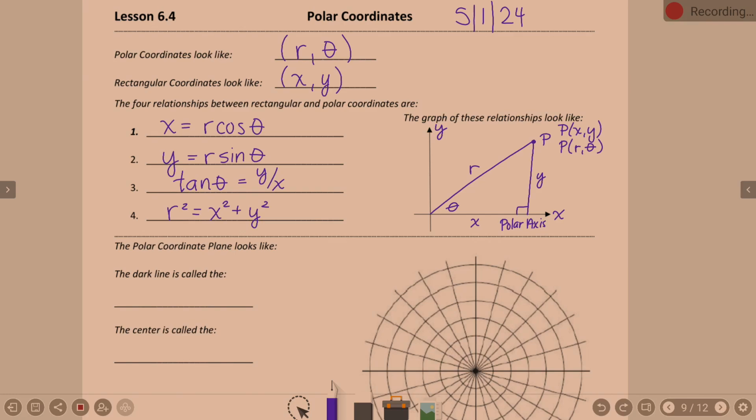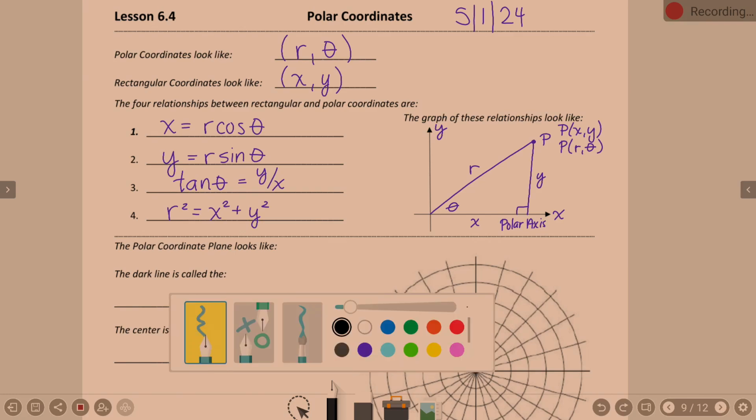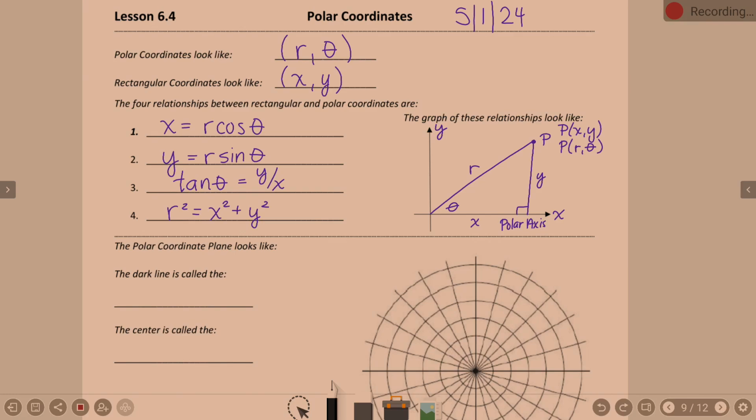It's the piece right here. When we get down here, your polar axis is that piece right there. That's your polar axis.